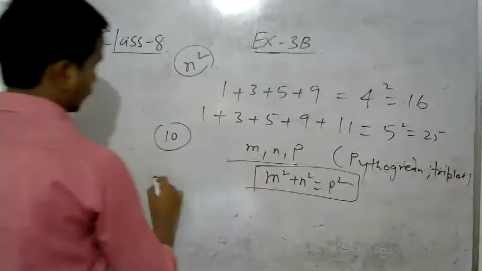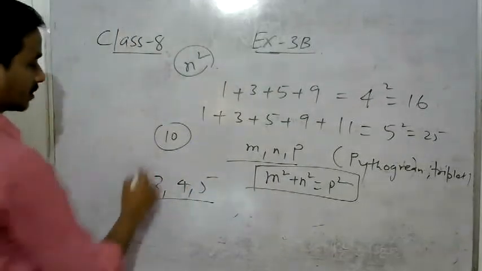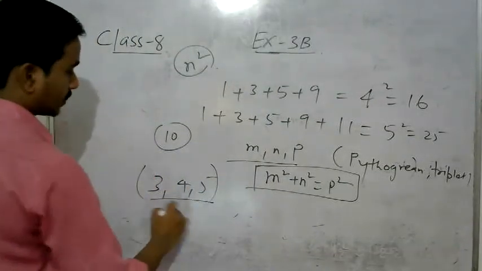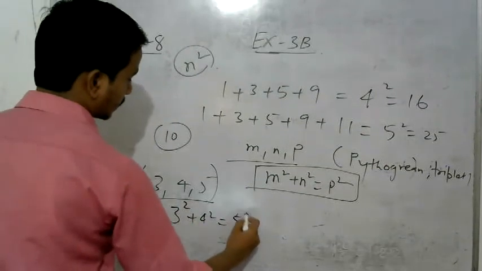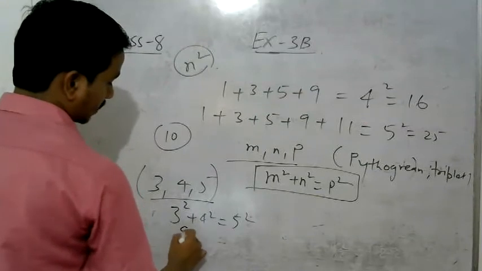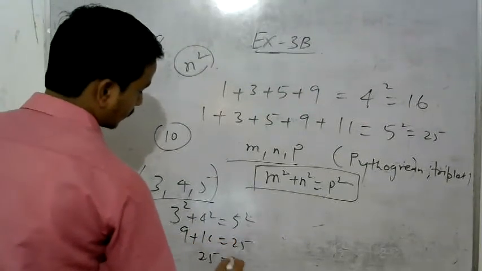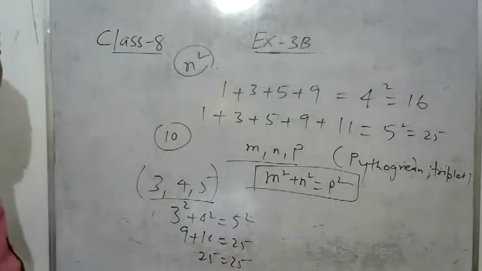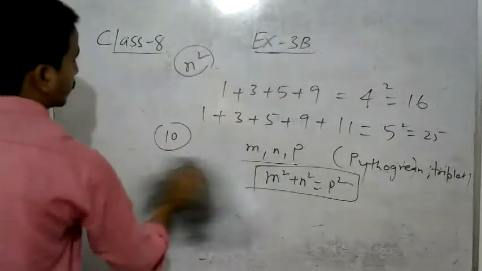For example, 3, 4 and 5. We have to check. How will you check? 3 square plus 4 square equals 5 square. 3 square is 9, plus 16 equals 25. So here 25 equals 25, so this is a Pythagorean triplet.